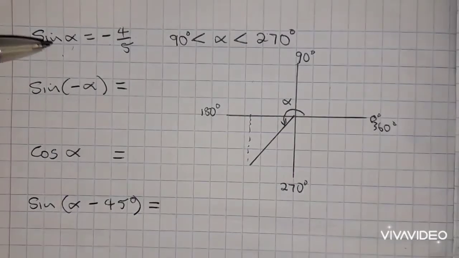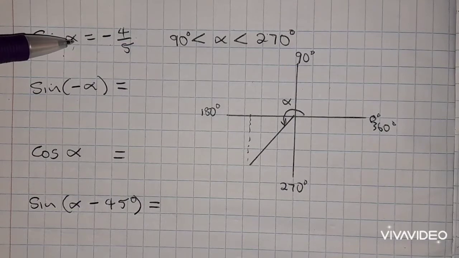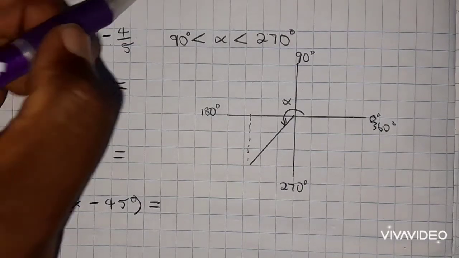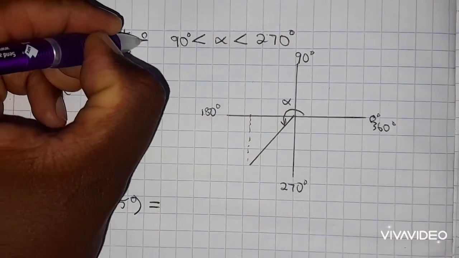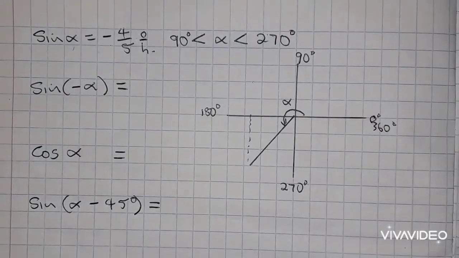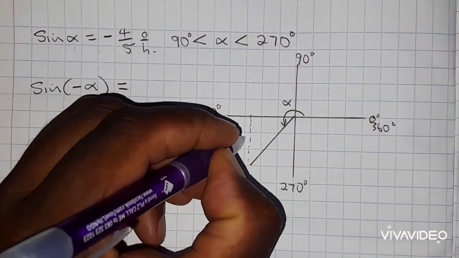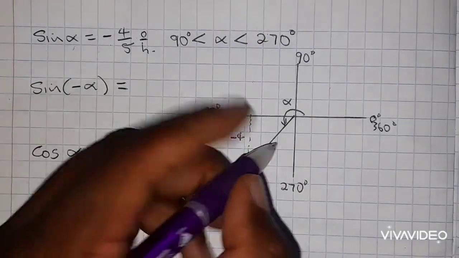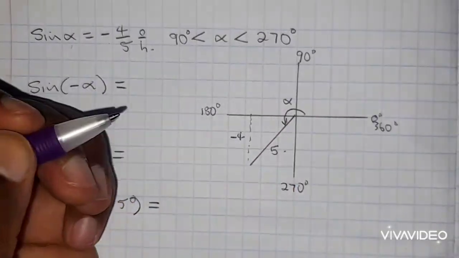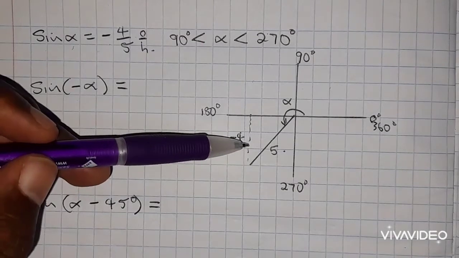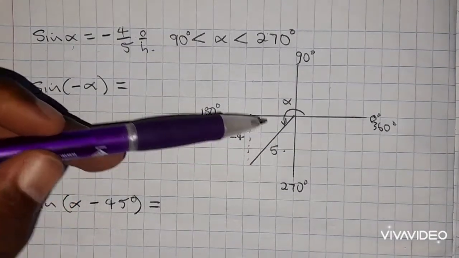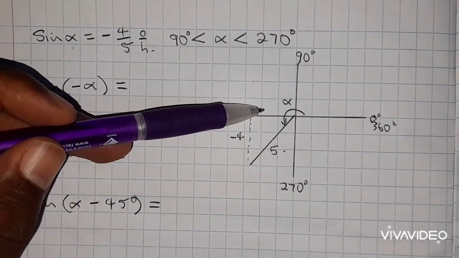So sine alpha is opposite over hypotenuse. So it means this is our opposite and this is our hypotenuse. Our opposite is here, that's -4. Our hypotenuse is +5.